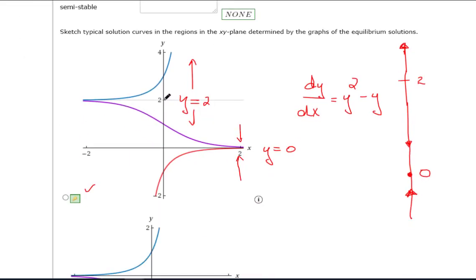If I started off with a y anywhere around 2, if it's bigger than 2, it is moving up. If it's under 2, it's drawing down toward y equals 0. Anything under 0 moves up towards 0. And so here's the picture of our phase portrait.